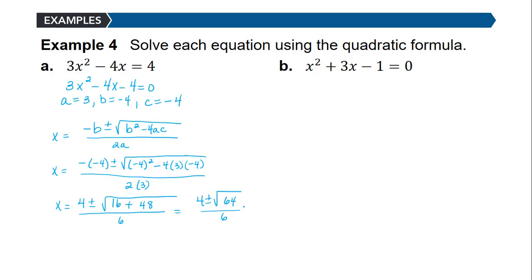And the square root of 64 is a perfect square, so that simplifies to be 4 plus or minus 8 divided by 6. So therefore the solutions are 4 plus 8 divided by 6, which is 12 divided by 6, or 2. Or x is 4 minus 8 divided by 6, which is negative 4 divided by 6, or negative 2/3. So the solution set would be negative 2/3, 2.